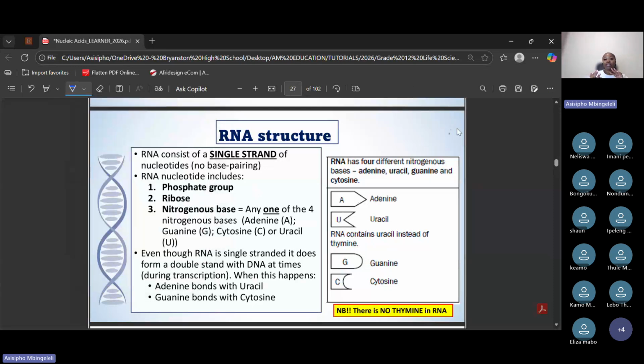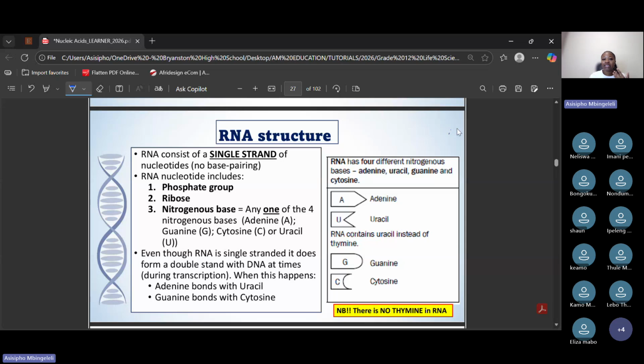We spoke about the discovery of the DNA structure by those 4 scientists who were working in pairs. We then also looked at what we call a nucleotide, which is a monomer or a building block of a DNA and an RNA molecule. And we said a nucleotide is made up of a phosphate group, a sugar, and then a base.